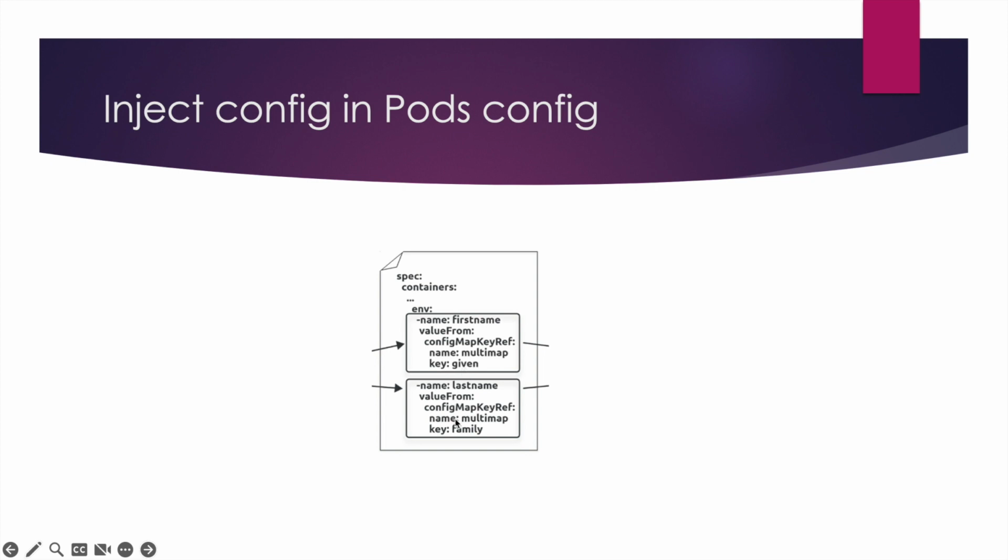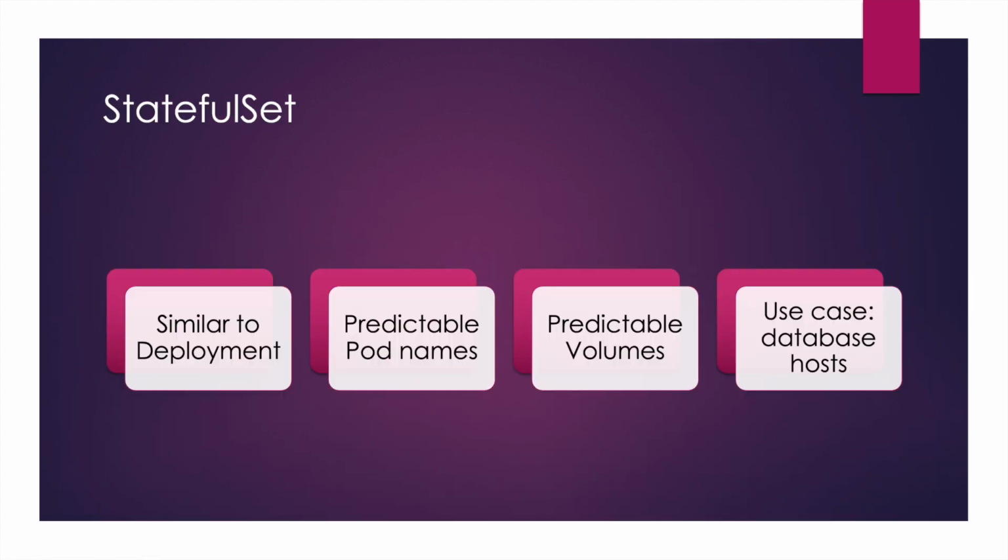And then similarly here we are mapping the family attribute of the config map onto the last name, and in the pod, in the container, these values will be available as environment variables.